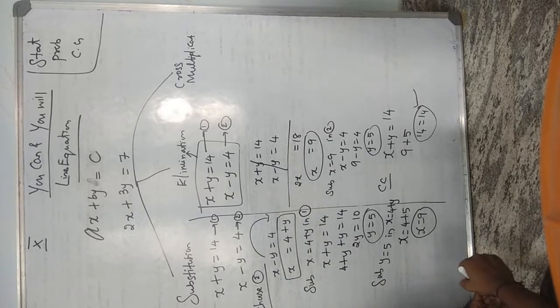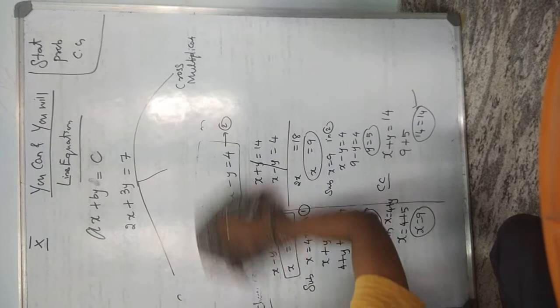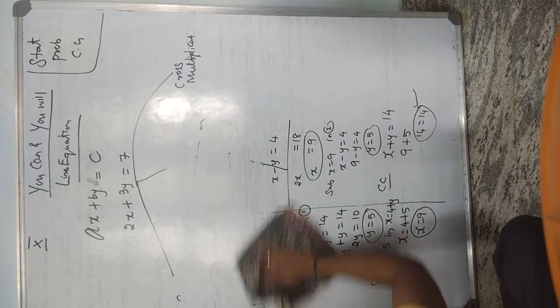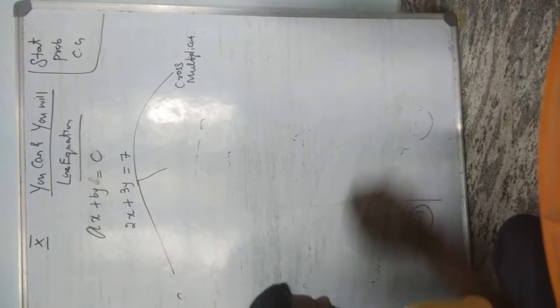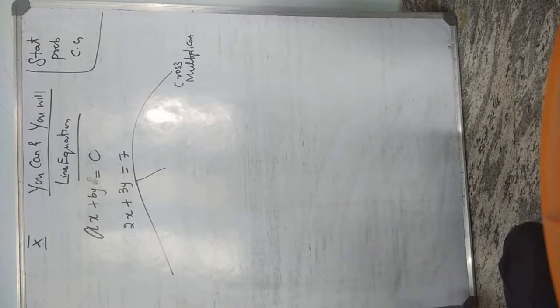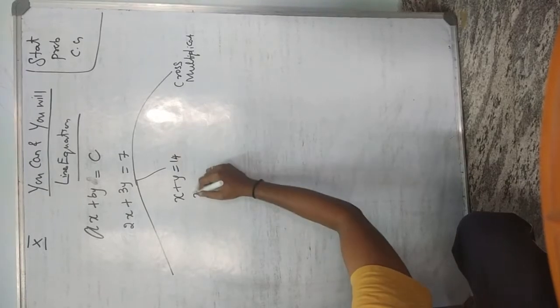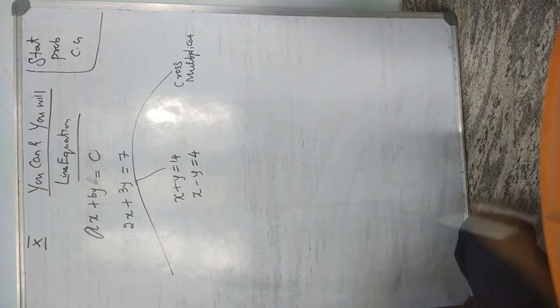Cross multiplication method I will teach you now. Same sum in cross multiplication method. So I got x equal to 9, y equal to 5. So cross multiplication method for the same sum, that is x plus y equal to 14, x minus y equal to 4.